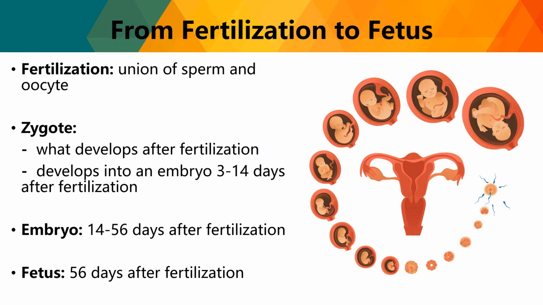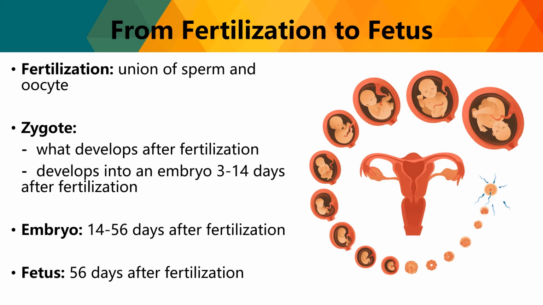So from fertilization to fetus: when we say fertilization, this is the union of the sperm and the oocyte. Basically, intercourse should happen between a male and a female to be able to have their sperm and egg unite. That's what you call the fertilization process.